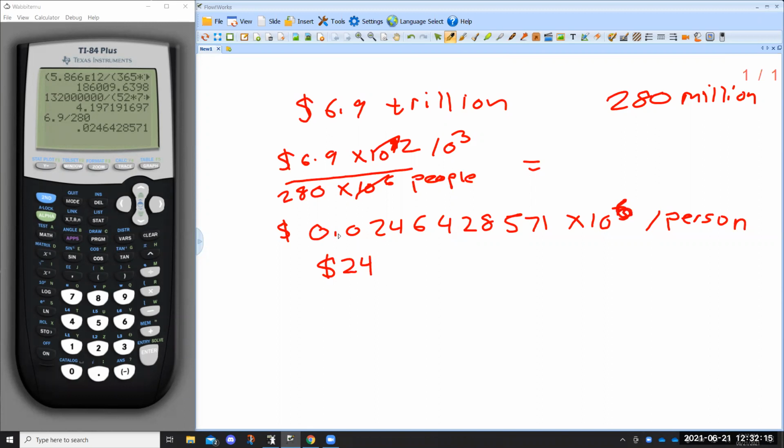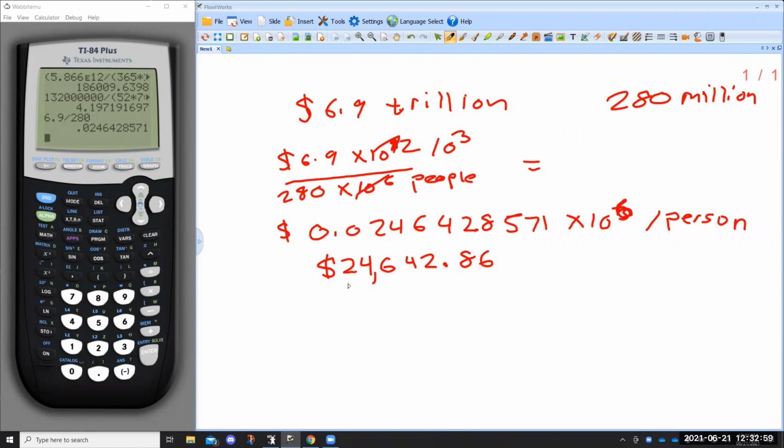So 1, 2, 3, 4, 5, 6. The decimal point's going to go there. It's 42.86 dollars per person. So trillion, T, 12. That's how I remember that. Trillion, 12. And billions is 9, millions is 6, thousands is 3. And we usually don't do the number of trillions, usually.